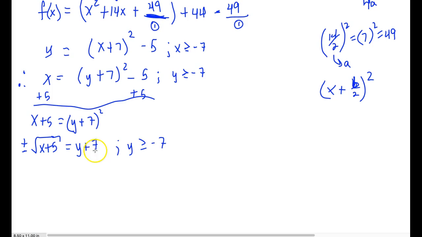Okay? And so if y is going to be greater than or equal to negative 7, so that means we'll be plugging in values like negative 7, negative 6, negative 5, negative 4. Okay? And of course, if we plug values into here like negative 7, negative 6, negative 5, negative 4, this is going to give us non-negative quantities.